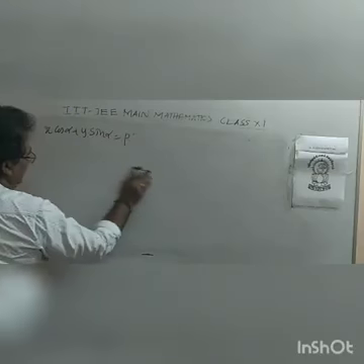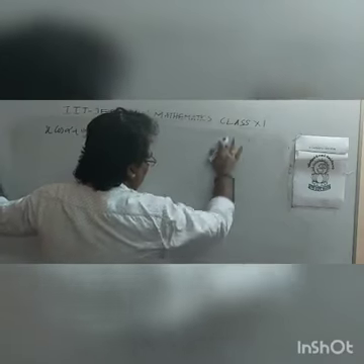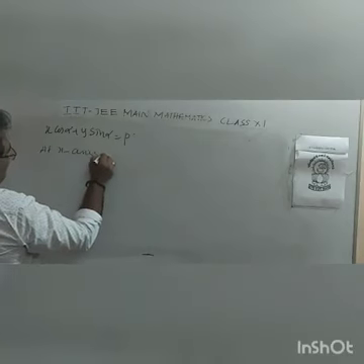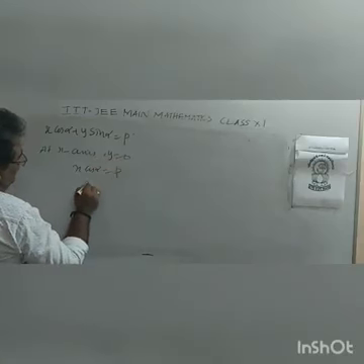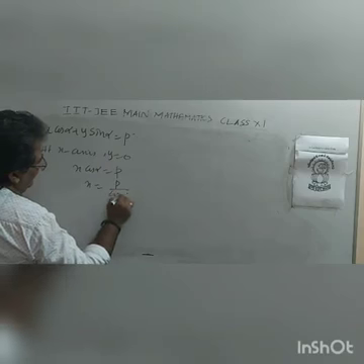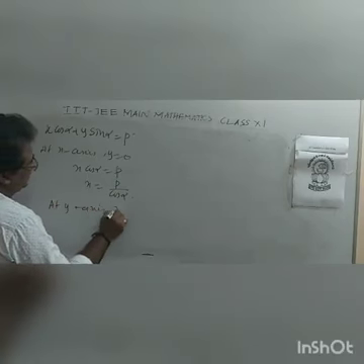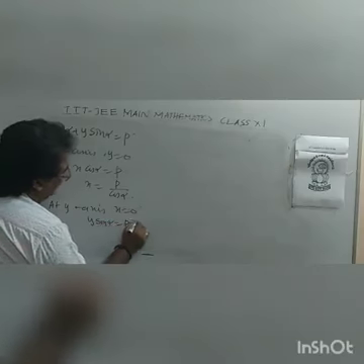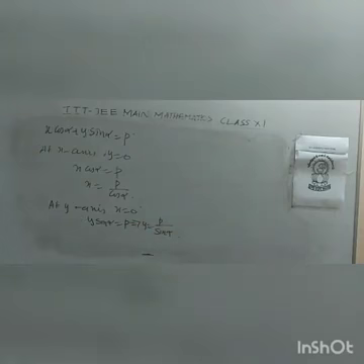x cos alpha plus y sin alpha equal to p. At x axis, y equal to 0, x cos alpha equal to p, x equal to p by cos alpha. At y axis, x equal to 0, y sin alpha equal to p, y equal to p by sin alpha.